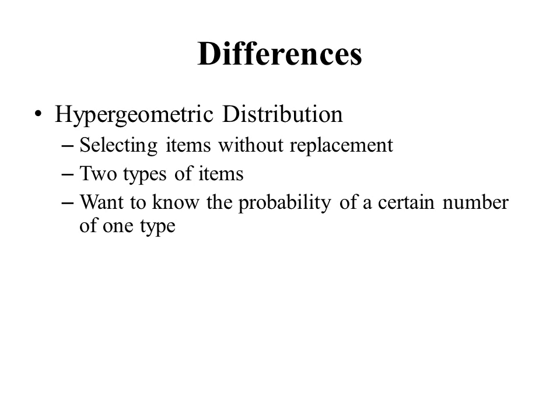Now these two distributions are very similar, and sometimes it's difficult to determine which type of distribution we're dealing with. So let's just kind of summarize these two distributions. In a hypergeometric distribution, we are selecting items without replacement. And we have 2 types of items, and we want to know the probability of a certain number of one type.